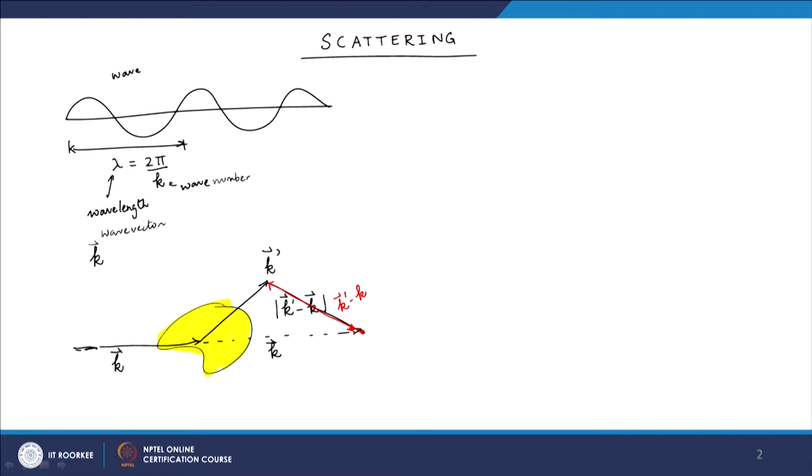You can see if I add k with k prime minus k, I get the vector k prime. So that is the essential idea of scattering.